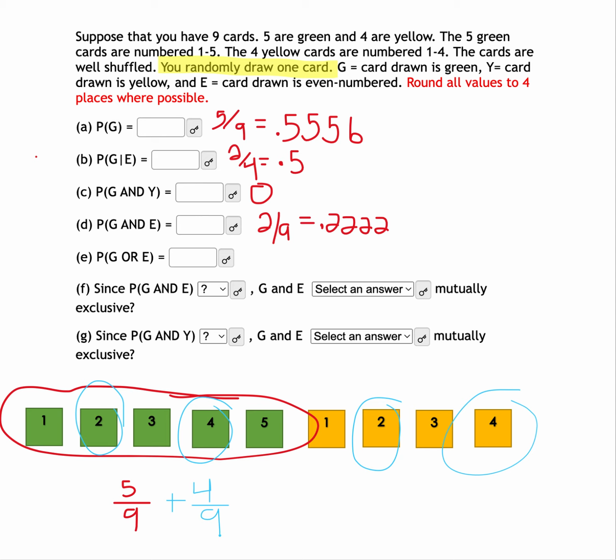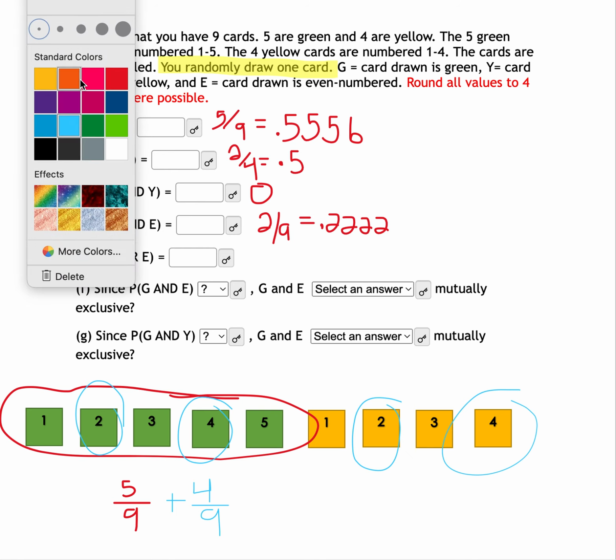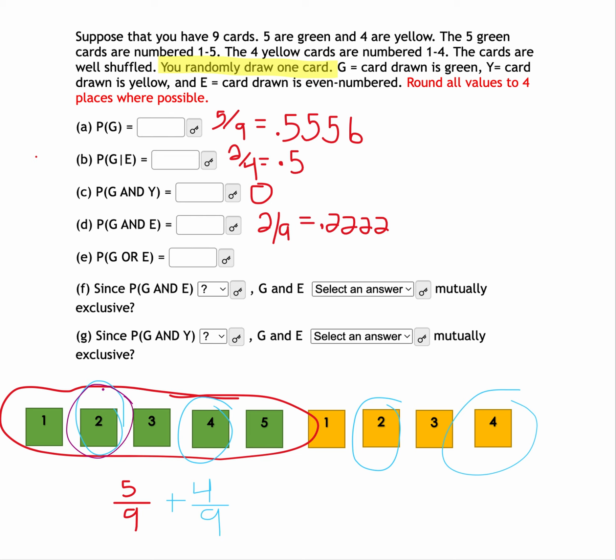However, some of those cards I double counted. I double counted these ones here twice. I counted them in the group that was green, and then I also counted them in the group that was even. Because I counted those two cards twice, and I don't want to double count anything, I have to subtract that probability.